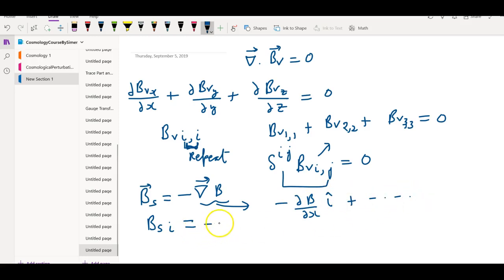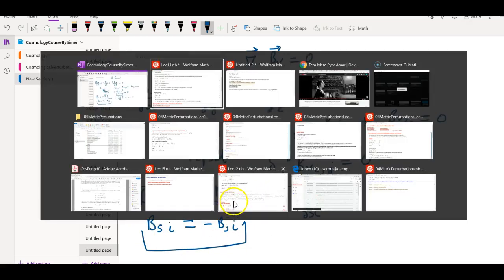So this is minus B,i. This is how you write it in index notation.